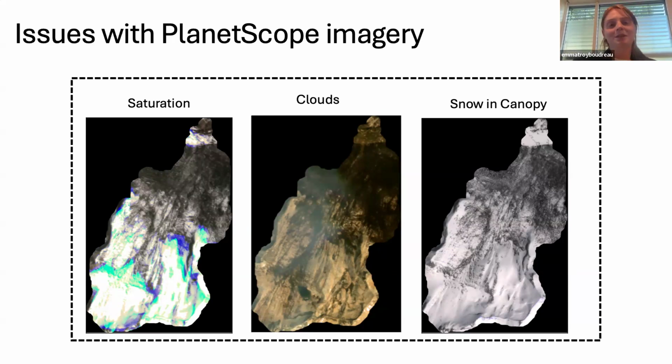And then in the middle, we have this haze kind of coming through, and that's a cloud that's interfering with capturing the surface reflectance. And then also PlanetScope imagery, like that coarser resolution, spatially and temporally complete MOD SCAG product, also has issues with detecting snow in the canopy.